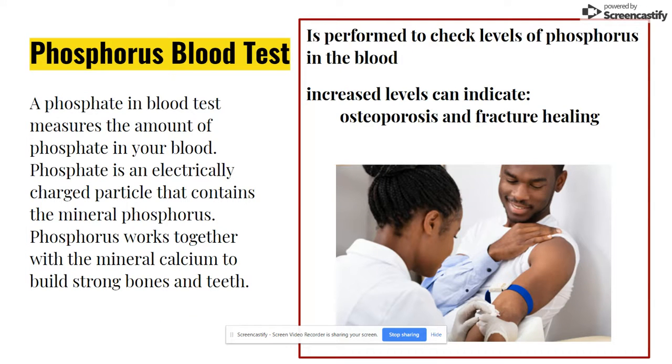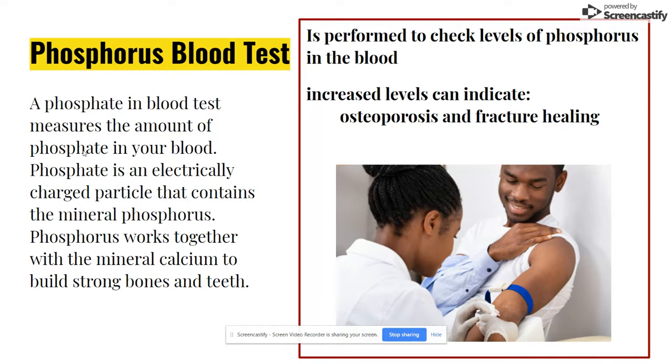Okay, so just like we can test for calcium in the blood, we can also test for phosphorus. Phosphorus is essential to bone growth because it works with calcium to build strong bones and strong teeth. And phosphorus in the body is an electrically charged particle called phosphate.